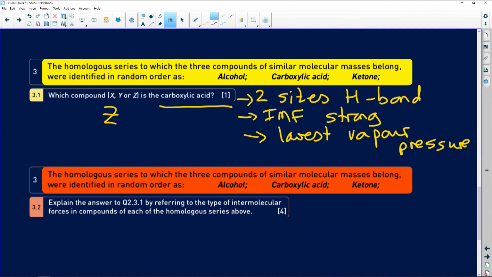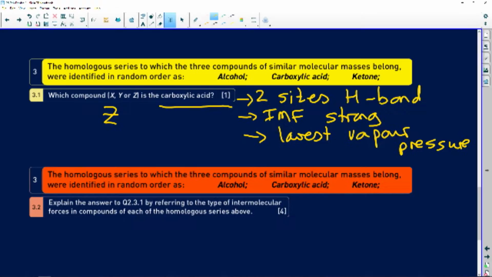Next question says, explain the answer to the previous question by referring to the type of intermolecular forces of each of the compounds. And obviously this is for 4 marks. So this is the level 3, level 4 question. This is the hard one, the toughie, and this is where we just need to make sure we answer accordingly. You've always got to make mention of the type of forces and actually mention the name of the force.